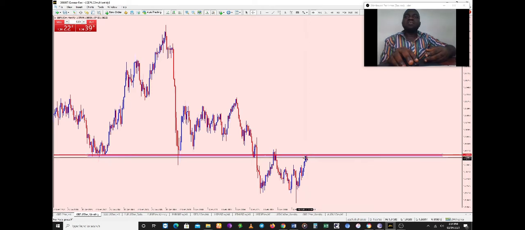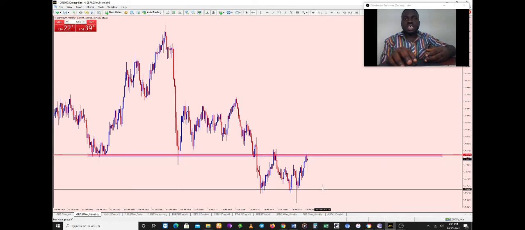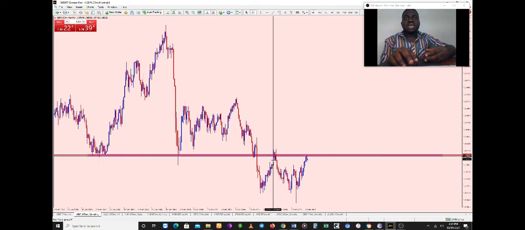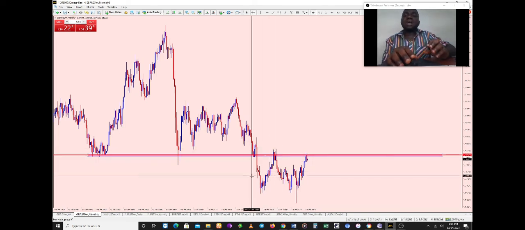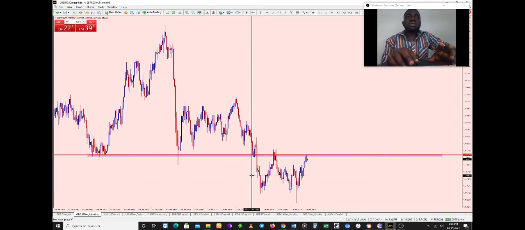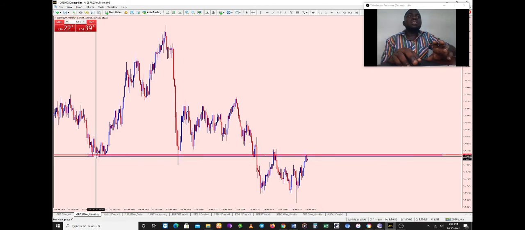So if the market fails to break this level, then it's going to make what? A mountain-like shape to turn around here, just like it did here. Alright, so we have finished our business with the features of support and resistance. Okay, so one, you realize that it is one zone.